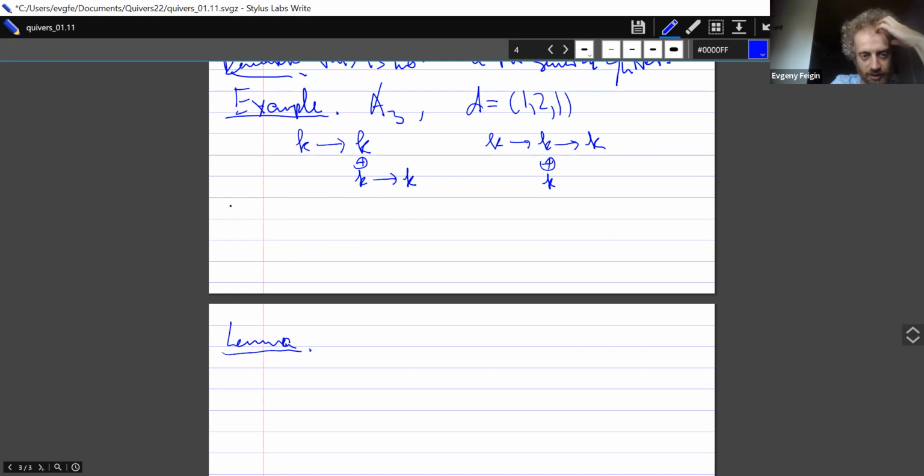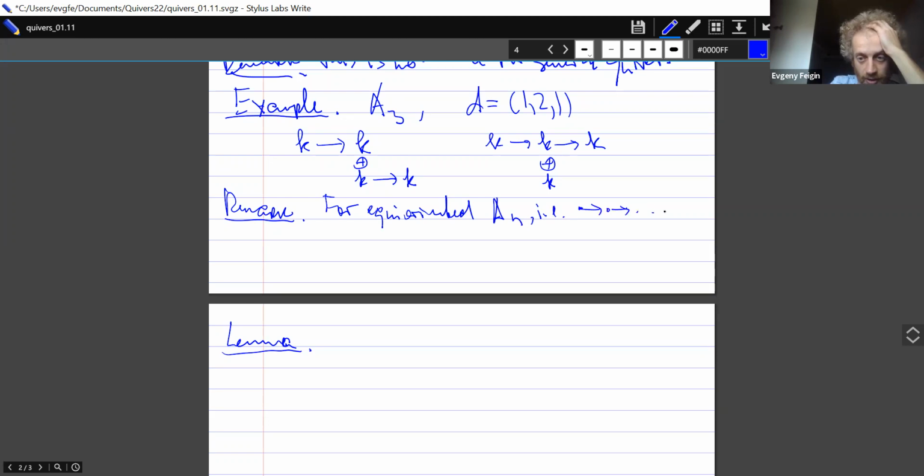Let me write this as a remark. For equi-oriented AN, i.e., this is a quiver of this sort, it suffices to compare ranks of all the compositions.